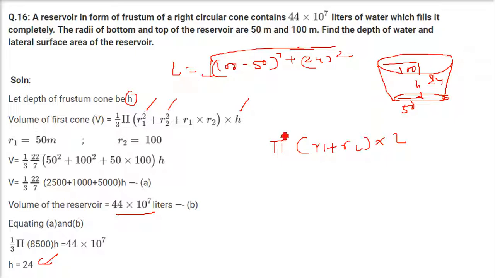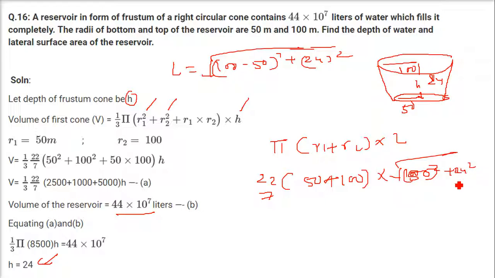Here you have to use 22 by 7. R1 plus R2 is 50 plus 100 into this one, square root of (100 minus 50) square plus 24 square. So I hope you'll be able to solve it. This is the answer.